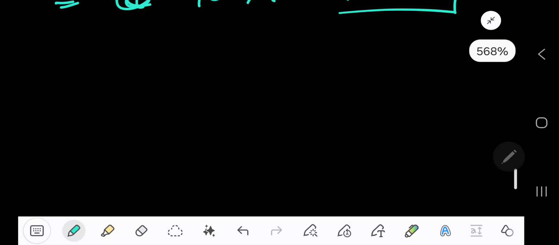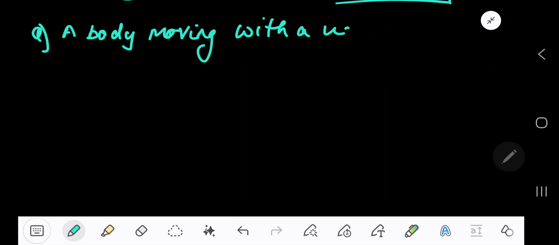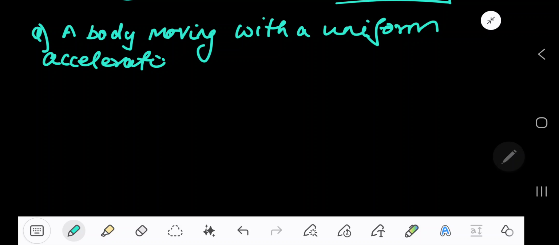Alright. Moving on. Our next question. A body moving with a uniform acceleration travels 84 meter in the first 6 seconds.